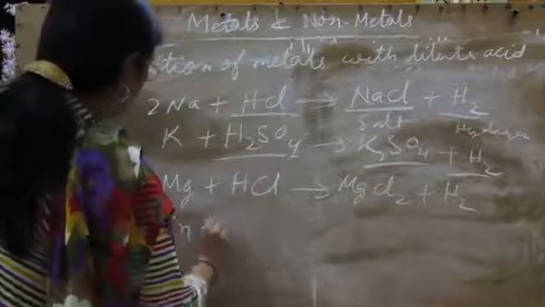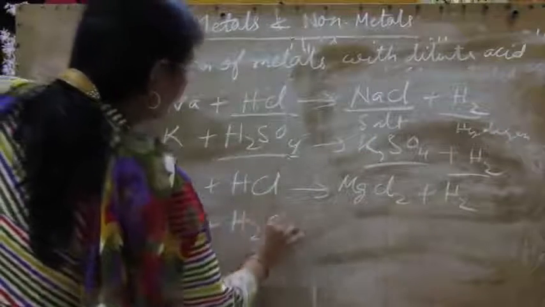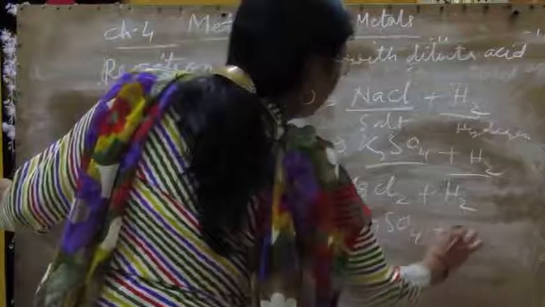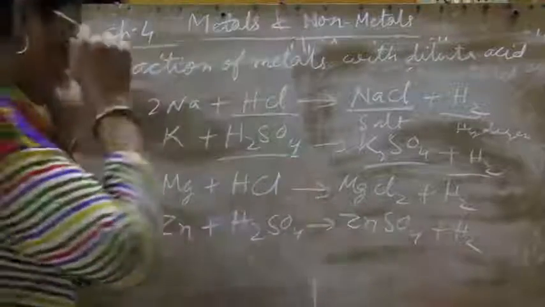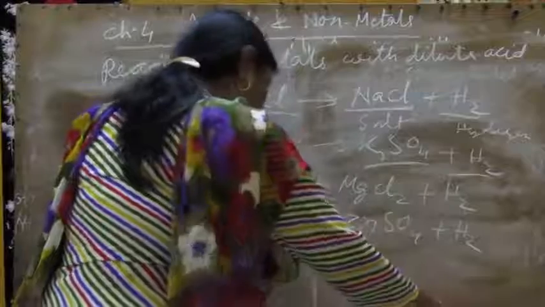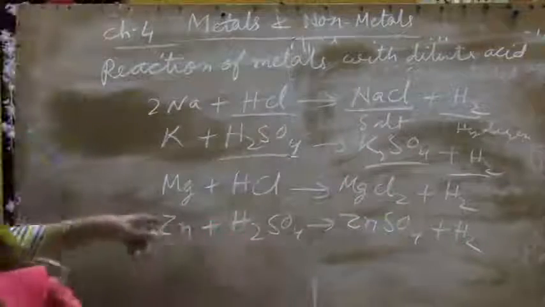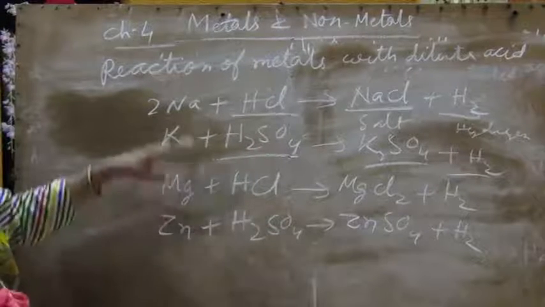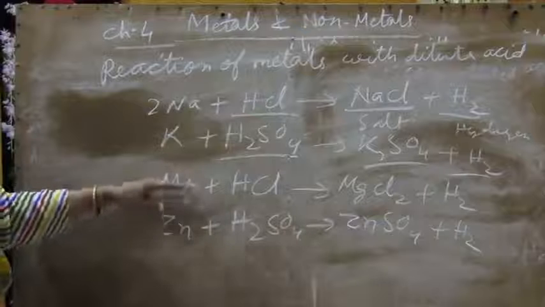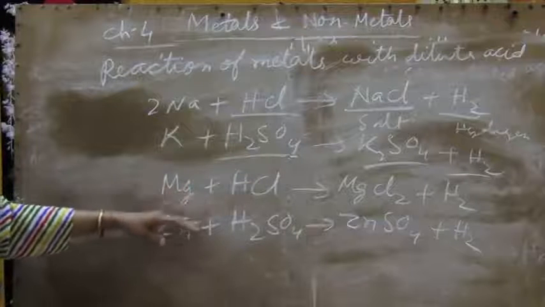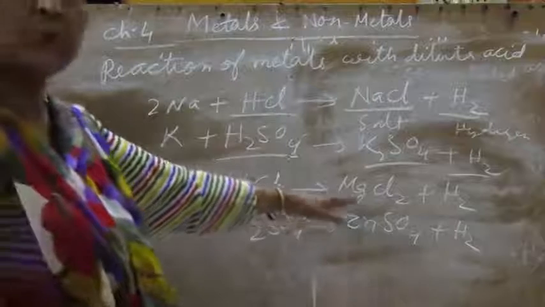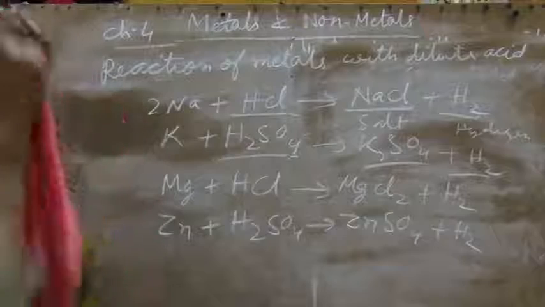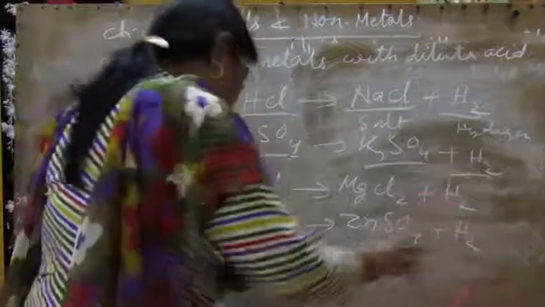Zinc also reacts more slowly and produces hydrogen. If you take H2SO4, you get zinc sulfate, ZnSO4, plus H2. Since zinc is less reactive than sodium and potassium, and also less reactive than magnesium, it reacts very slowly, but still produces its salt and removes hydrogen from the respective compound.